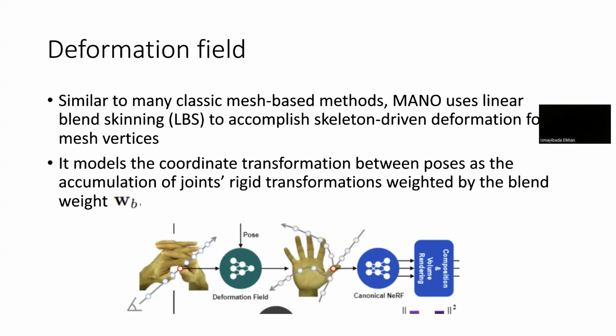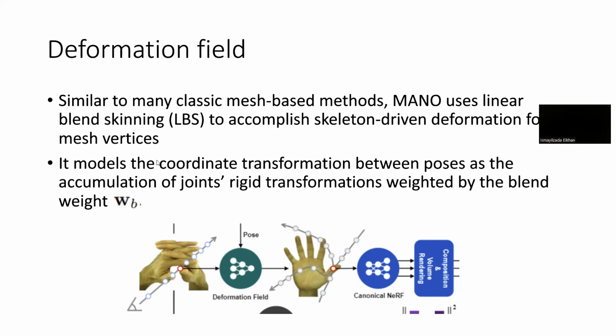Similar to many classic mesh-based methods, MANO uses linear blend skinning to accomplish skeleton-driven deformation for mesh vertices. It models the coordinate transformation between poses as the accumulation of joints' rigid transformations weighted by the blend weight W_B.